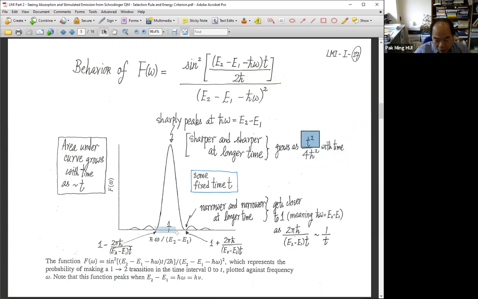And the width is like 1 over t, okay? 1 over t on either side, so it's like 1 over t, okay? So all in all, the area under the curve, this bump, is something like t squared times 1 over t. That's to say the bump, the area, is related to time linearly in time. Okay, so okay, up to here.